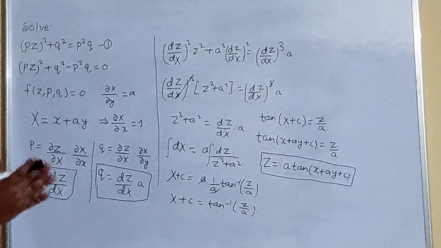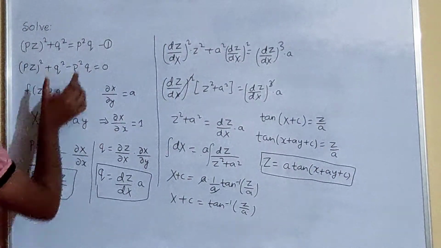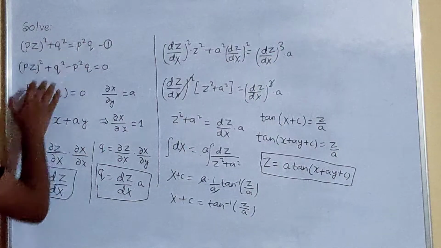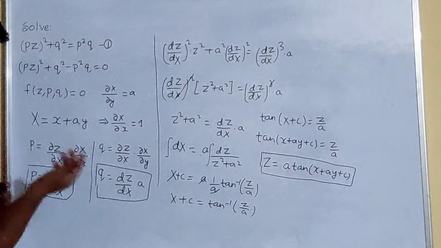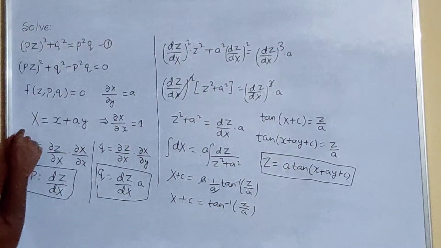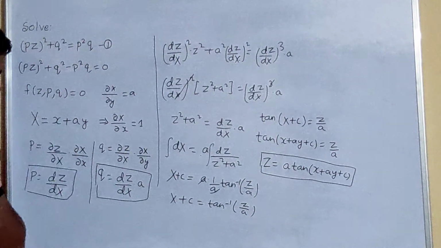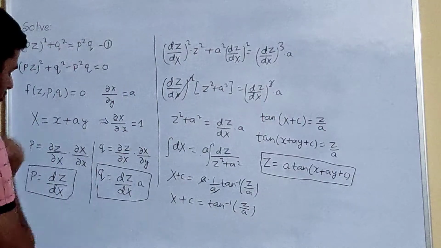So I hope you understood this. Starting from the initial step, this was a function of z, p, q, so second standard form. So I took capital X as small x plus ay. I found p and q.